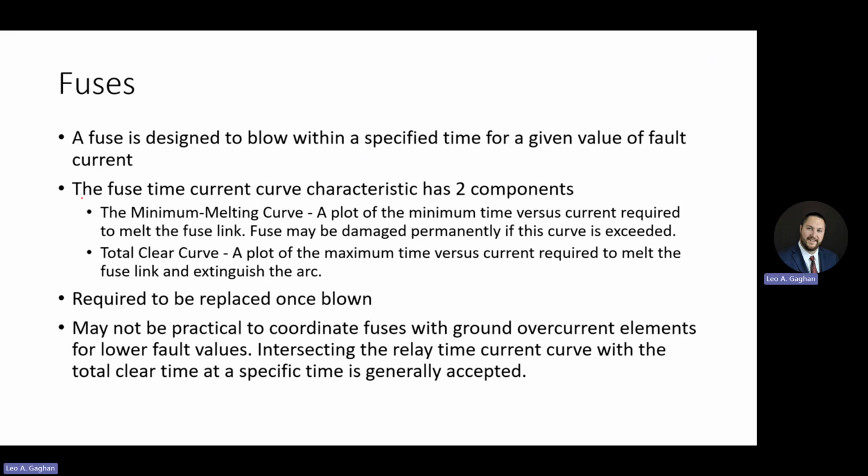The fuse may be damaged permanently if this curve is exceeded. And then it's got the total clear curve, which means once we get to that part of the curve, that fuse has blown.